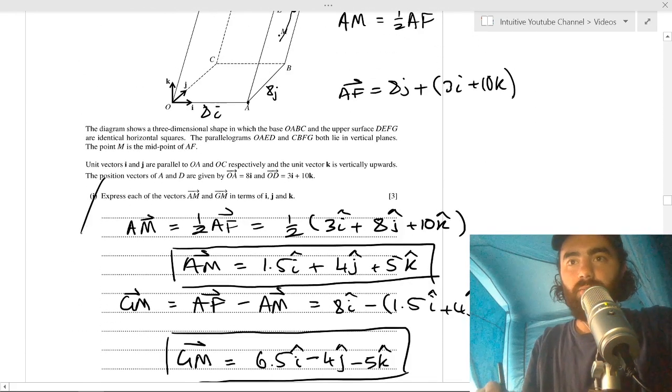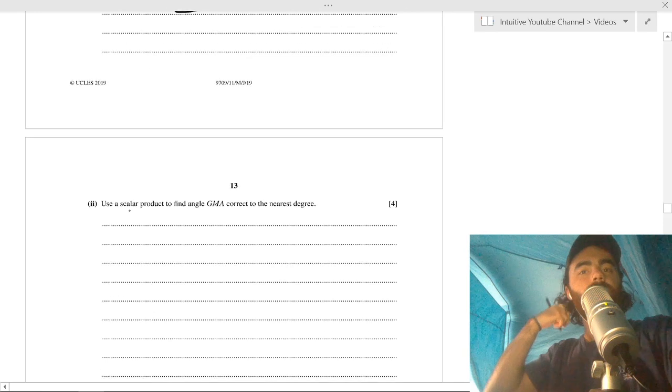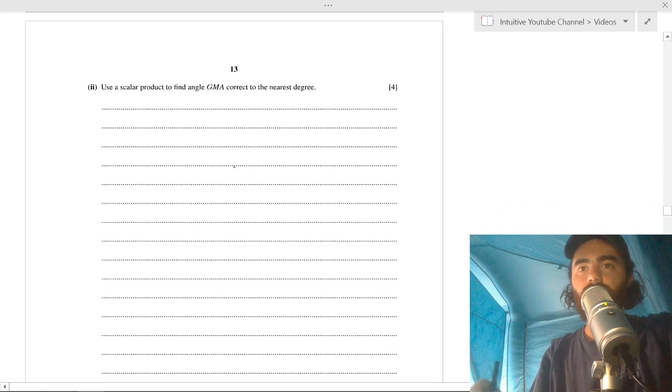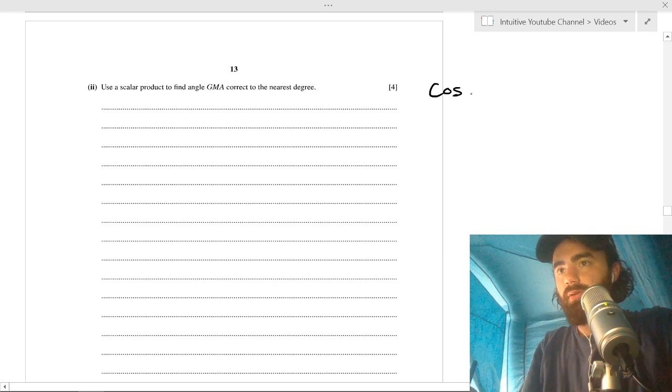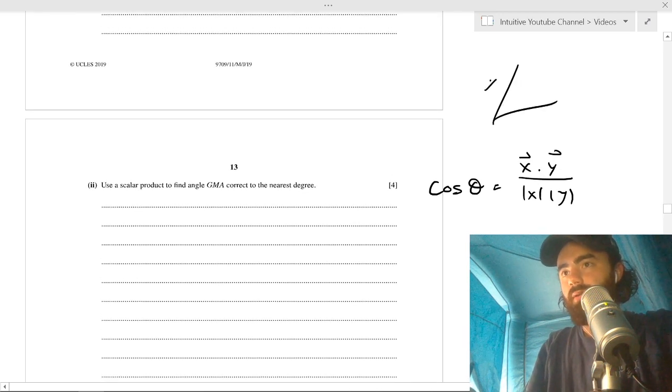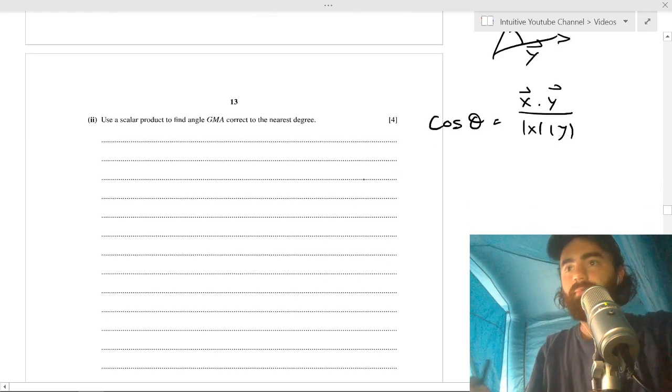Cool, so that's those expressed in terms of I, J, and K. And then it wants you to use the scalar product, which, if you remember, is cos theta equals x dot y over the magnitude of x times the magnitude of y, where x and y are the vectors pointing away from your theta.